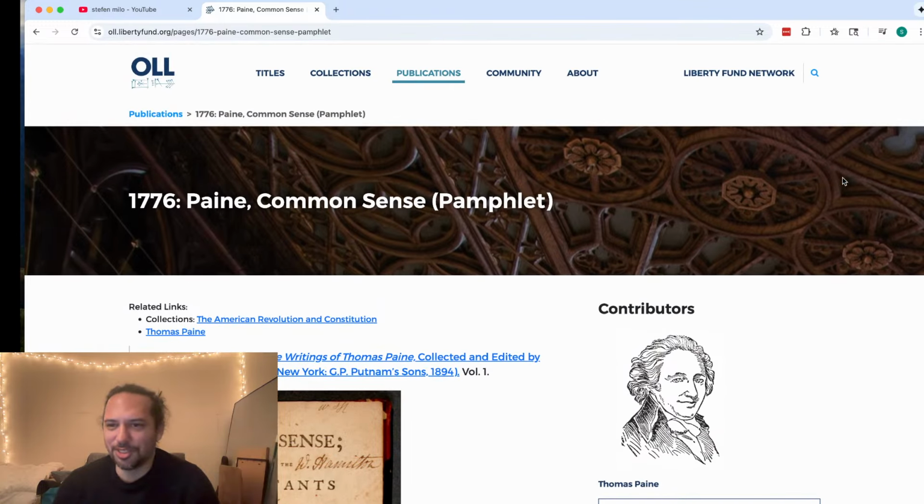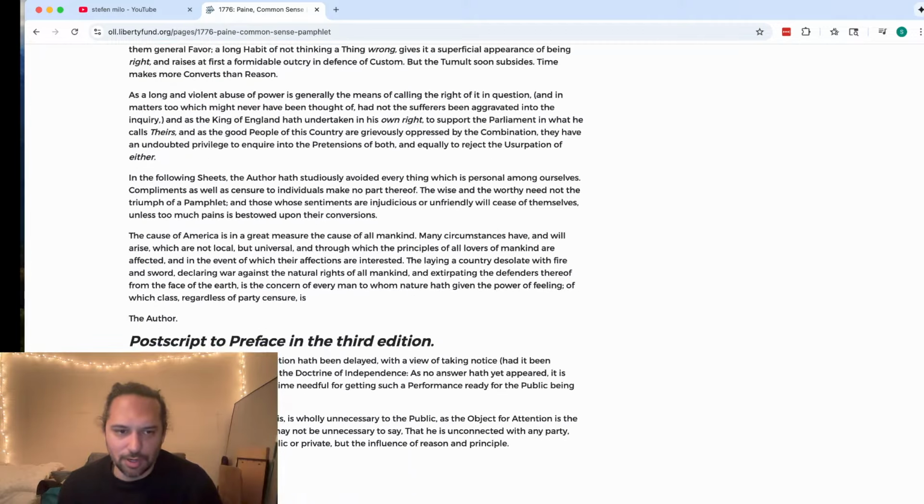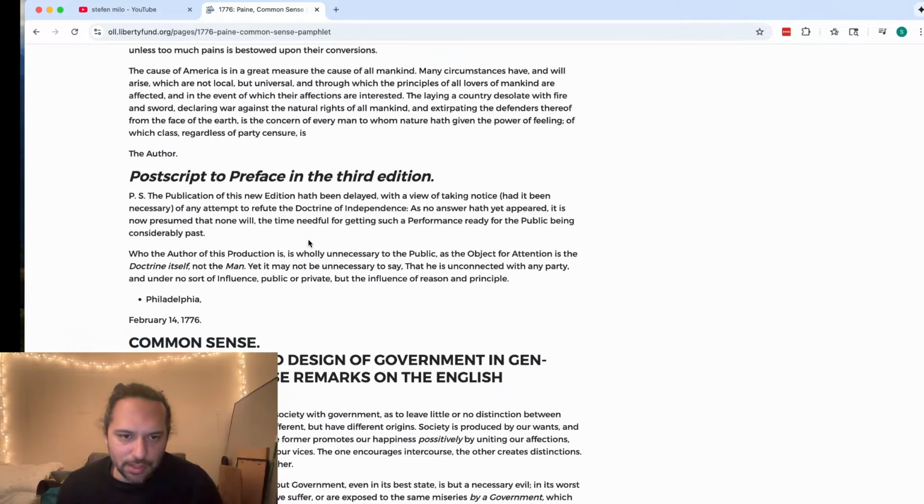Let's get rid of this sinful, destructive habit that humans have of worshiping a sovereign king and take sovereignty for ourselves. Let's start a republic. And in the postscript to the preface of the third edition, he says, is it here?